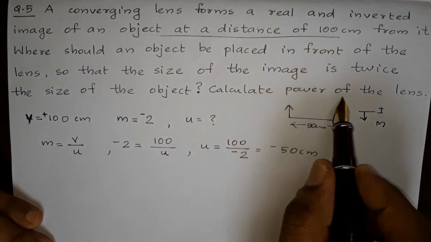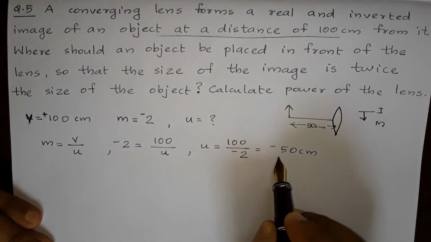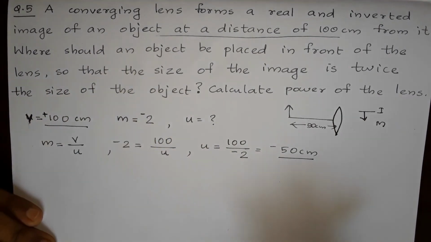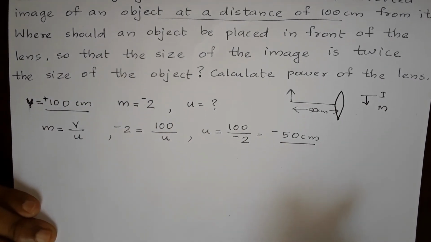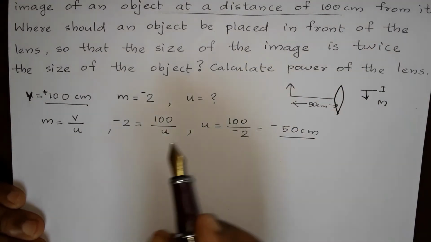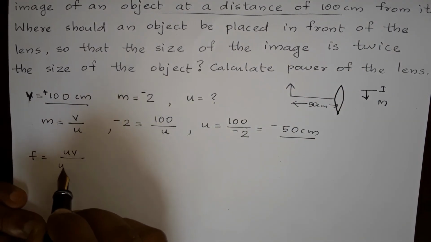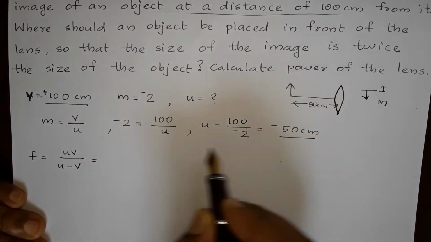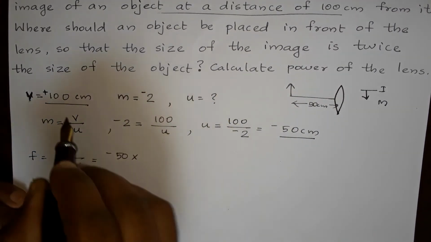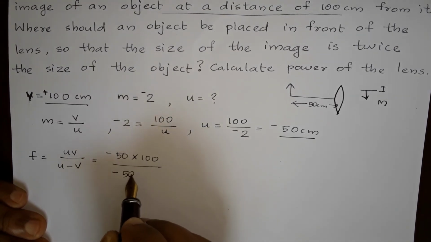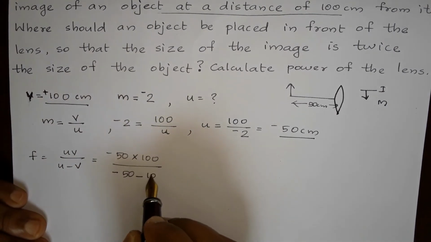Now calculate the power of the lens. So we got the value of u and we have the value of v. Then it is easy to find the focal length. From that we can find the power of the lens. So f is equal to uv by u minus v. u is minus 50, v is 100, by u minus v.